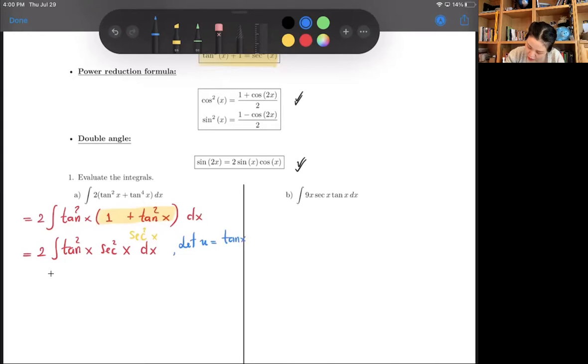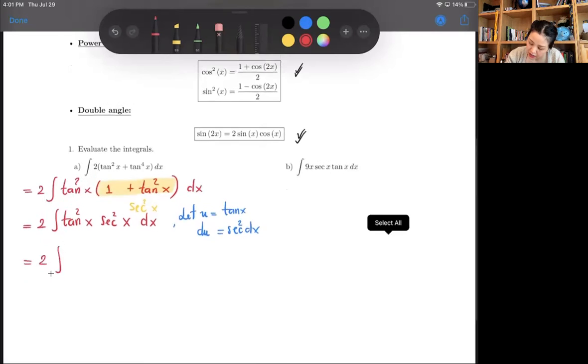Because when I take the derivative of u, du is secant squared x dx. Now I put it back into the integrand. U is tangent x, so tangent squared x will be u squared, and secant squared x dx is my du. So u squared du.